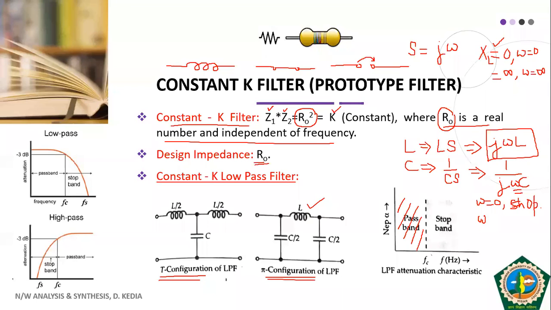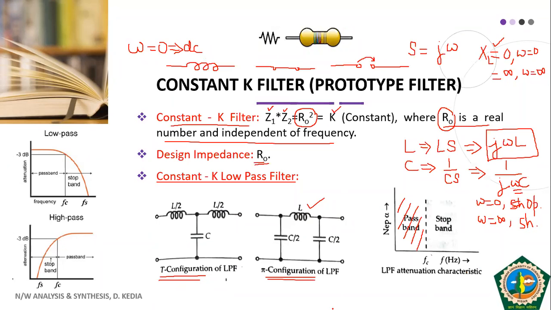And for infinite frequency, your capacitor will behave like a short circuit. What is the meaning of zero frequency? Zero frequency means DC. Omega equal to 0 means DC, or you can say low frequency. And omega equal to infinity means high frequency.